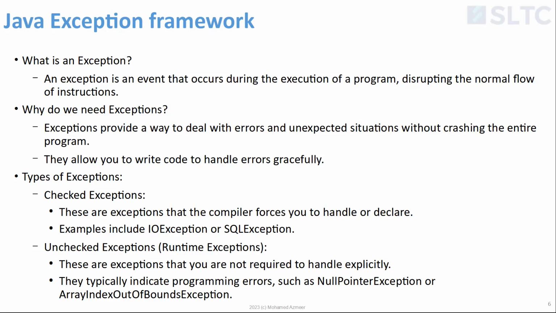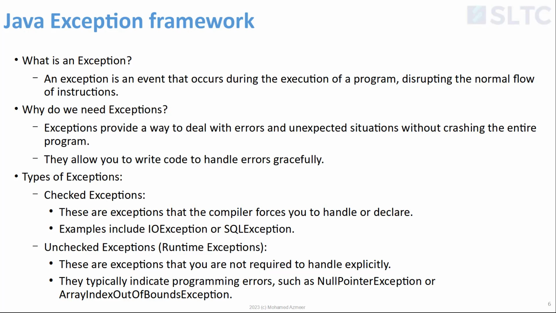Now, talking of exceptions, there are two kinds: checked exceptions and unchecked exceptions. Two types, right? So what are the checked exceptions? These are the ones checked by the compiler, meaning your program will not get compiled if you have any of these exceptions.